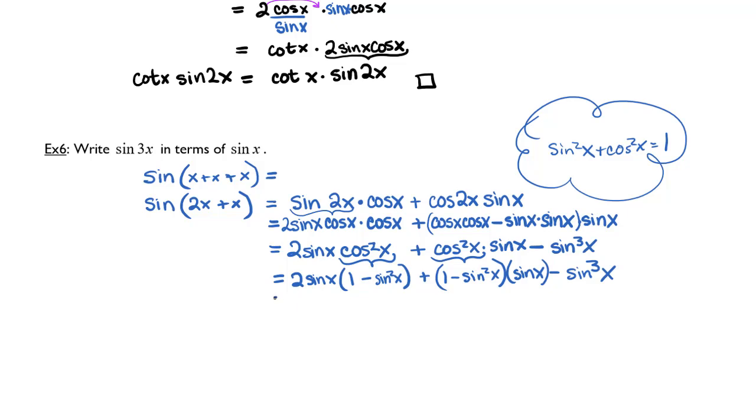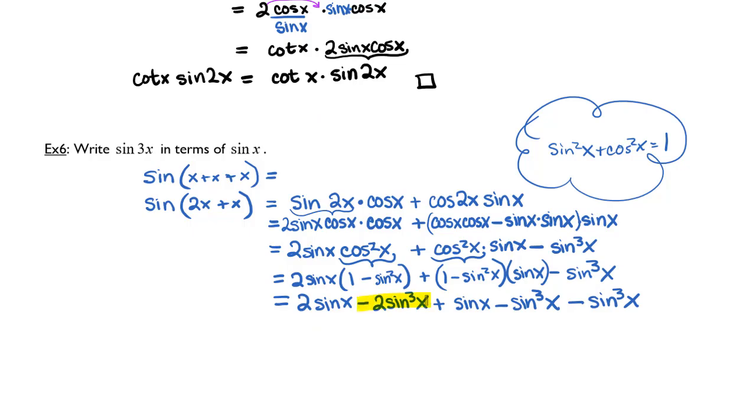If I distribute my signs, I'll get 2 sine x minus 2 sine cubed x plus sine x minus sine cubed x minus sine cubed x. And let's see how many like terms we have.